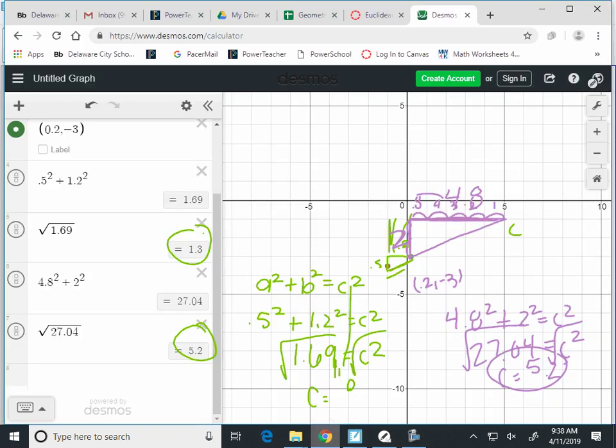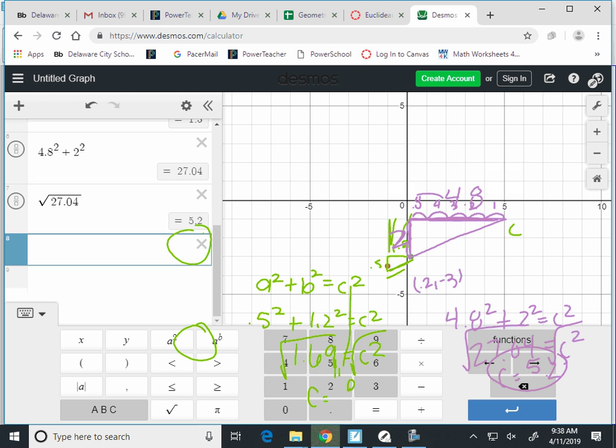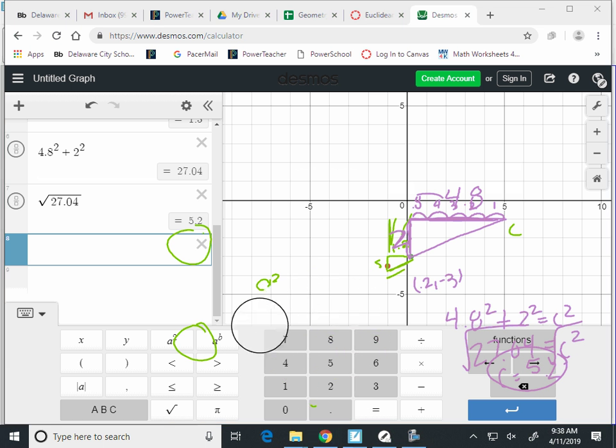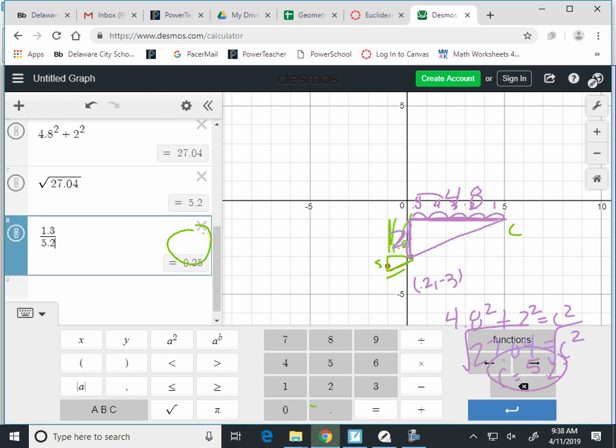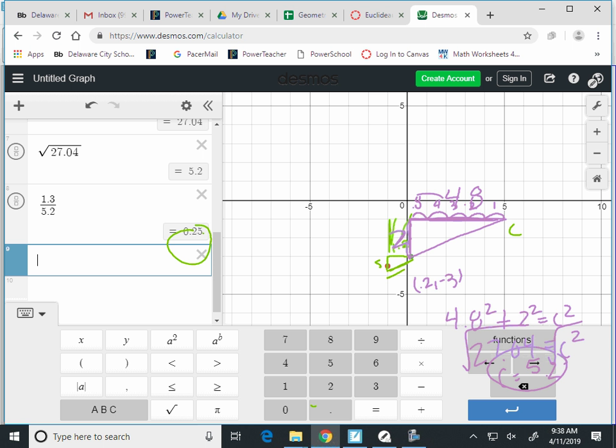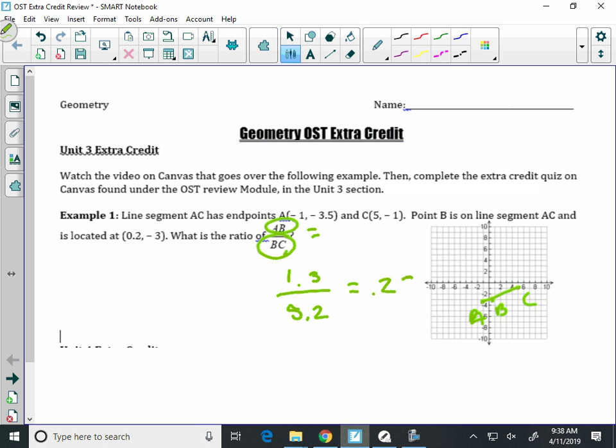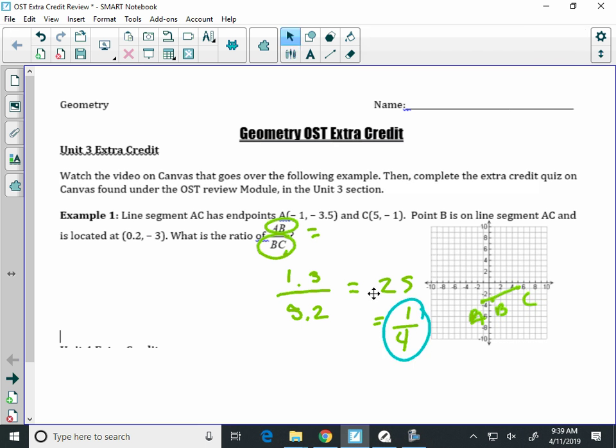So we're going to do 1.3 divided by 5.2, and it gives us 0.25. So you can either write it as 0.25 or 0.25 as a fraction is 1/4. So that is the ratio, is 1/4.